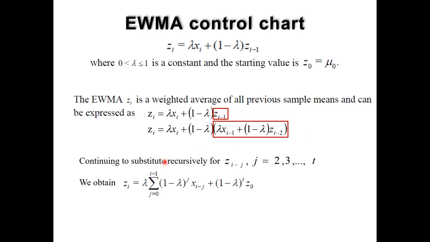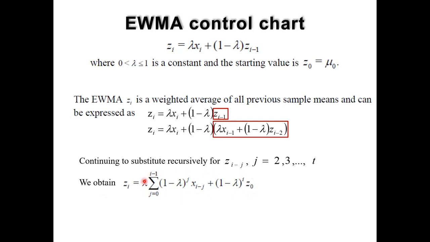So continuing to substitute recursively for Z i minus j, where j equals 2, 3, 4 until t, the total number of observations, we will obtain this formula.